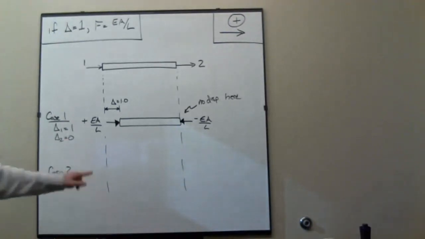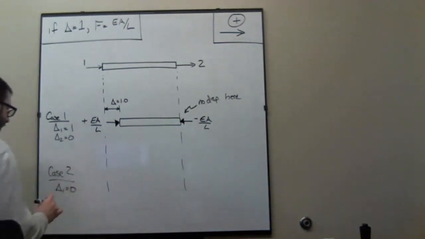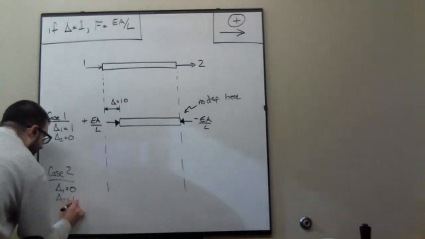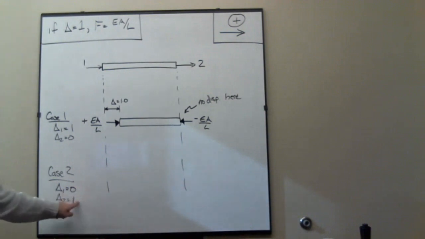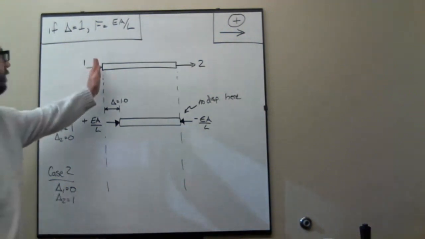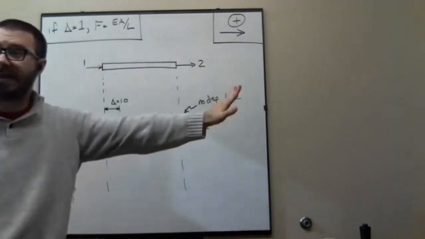Let's look at case 2. Case 2, you would take delta 1 to be 0, delta 2 to be 1. So take delta 2 equals 1, take everything else, set it equal to 0. So what does the element look like with this equals 0 and this equals 1? Well, this stays here. This moves 1 to the right.